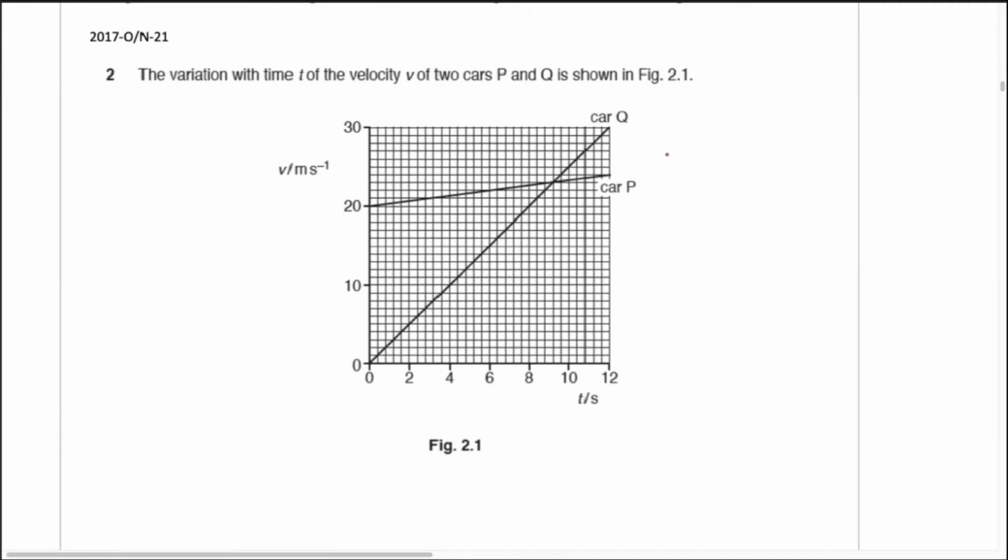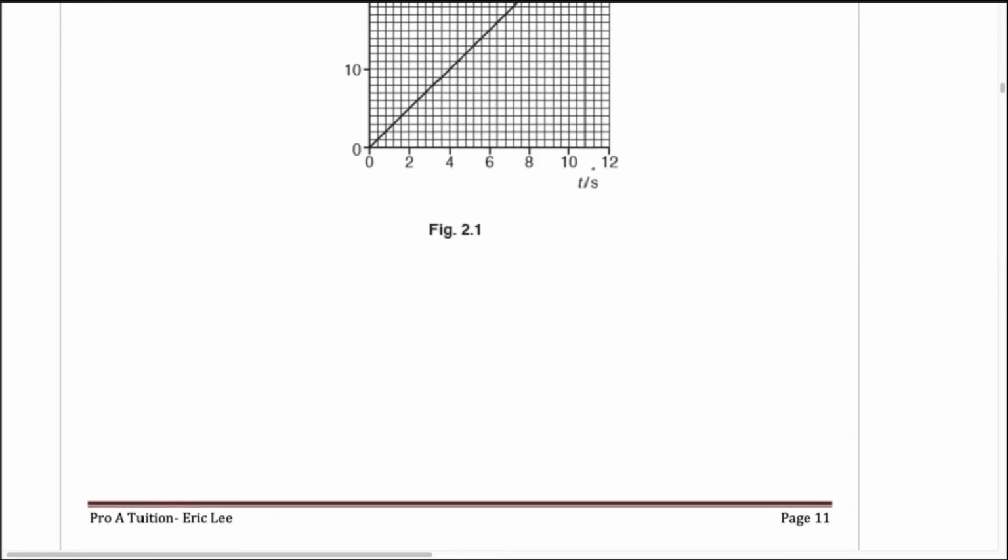The variation with time t of the velocity v of the two cars P and Q is shown in figure 2.1. So you see this figure 2.1. So we have car Q. As you see, the graph has a greater gradient, so you should expect this to accelerate faster. And then car P is kind of flat. This has a small acceleration.